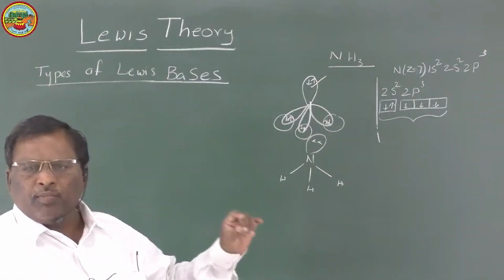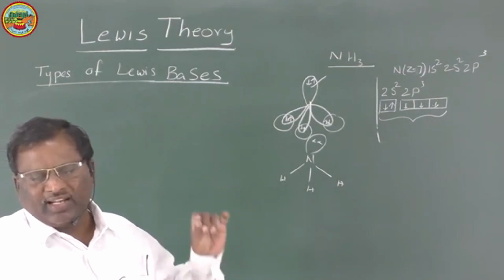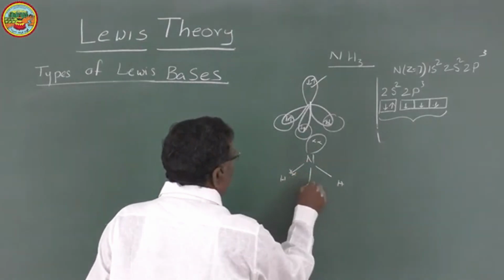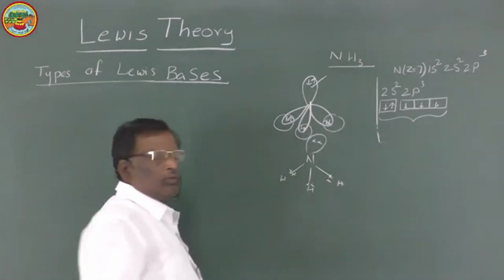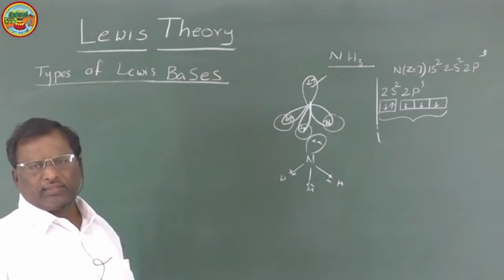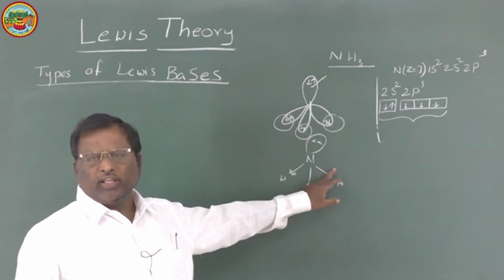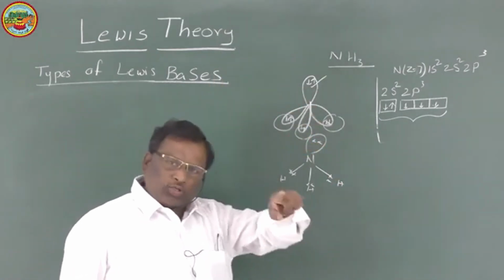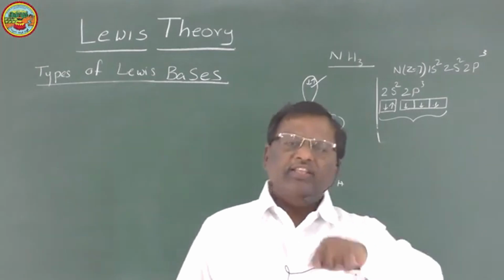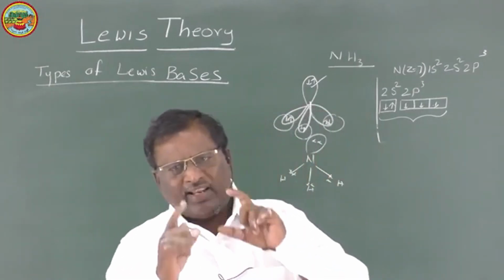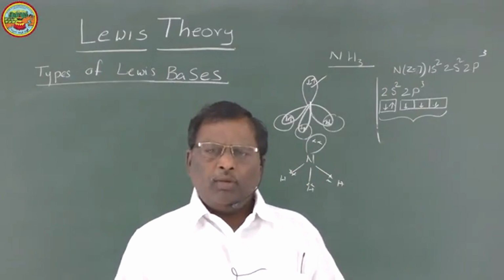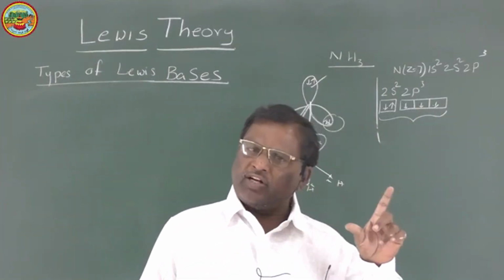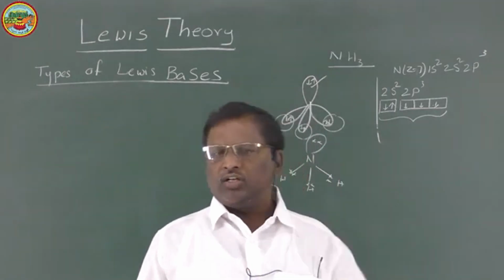Now, in the NH3 molecule, the central atom nitrogen has 4 pairs of electrons, an octet configuration. Out of these 4 pairs, 3 pairs are involved in bonding and the other pair is not involved in bonding. Electron pairs which are present in the valency shell of a central atom but not involved in bonding are said to be non-bonding pairs of electrons or lone pairs of electrons.